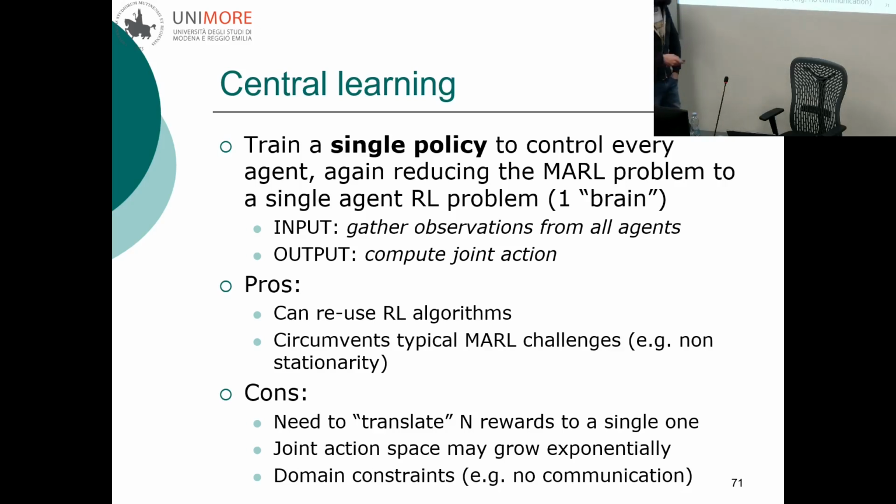So for instance, I need to come up with a reward that considers the joint action of all the agents. I need to come up with a joint observation vector, okay? I need to come up with a format to represent joint actions. So I need to do a little bit of work.